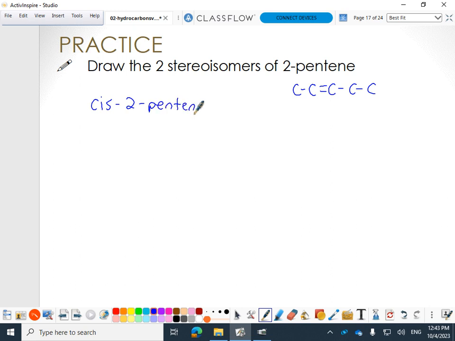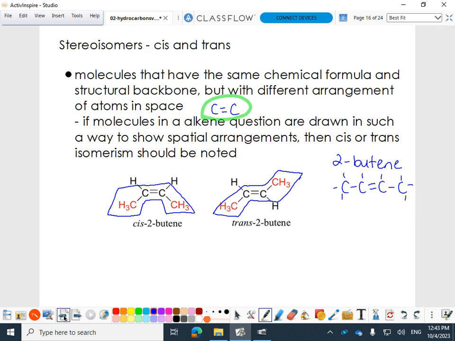Okay, so I'm going to draw the double bond first. And then I know I want the double bond to be on carbon number 2. So because this one is drawn sort of like an upside down boat, I'm going to draw it the other way, okay?